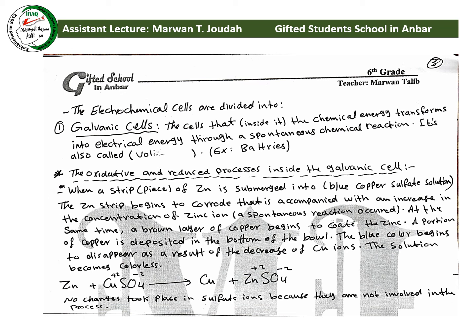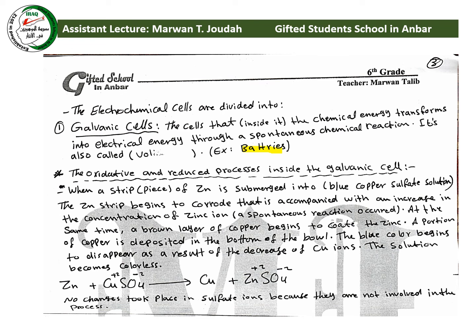For example, we have batteries in general. Now the oxidizing and reducing processes inside the galvanic cells: we will explain this one, and I'll show you the video.